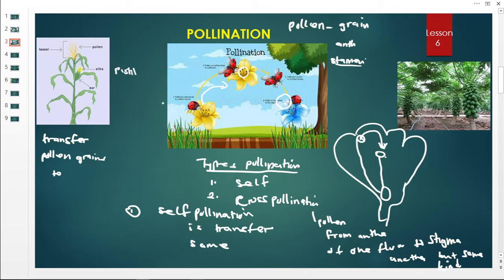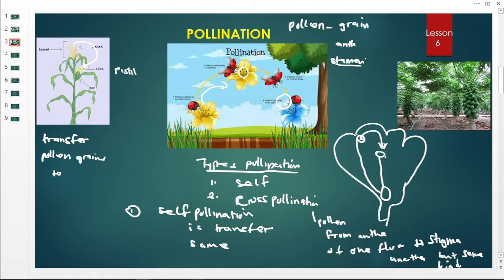In cross-pollination, the pollen grains move from the anther of this flower and land on the stigma of another flower, but of the same kind. They are all of the maize species, the same type of plant, but they are different flowers. This one is the male part, this one is the female part, so the pollen comes from here and lands here. This is what we call cross-pollination.